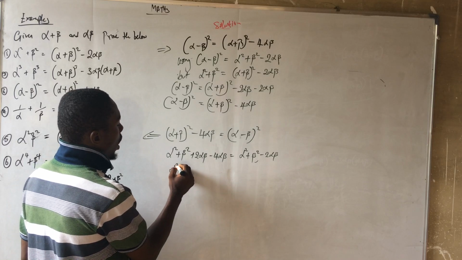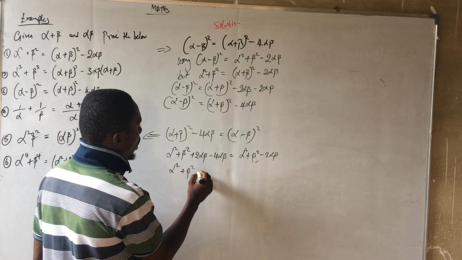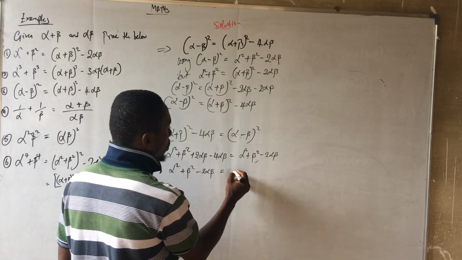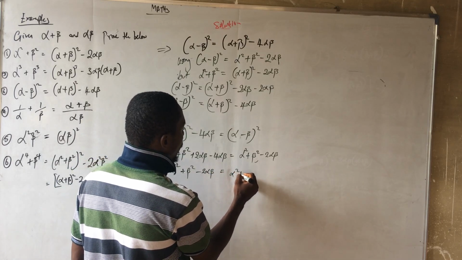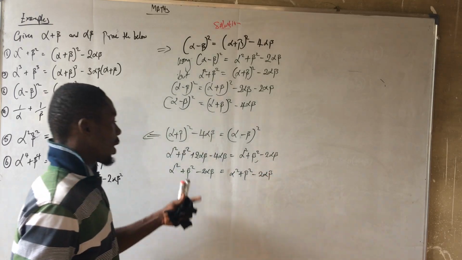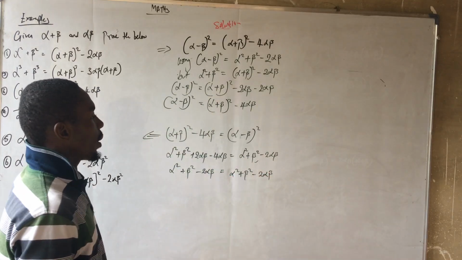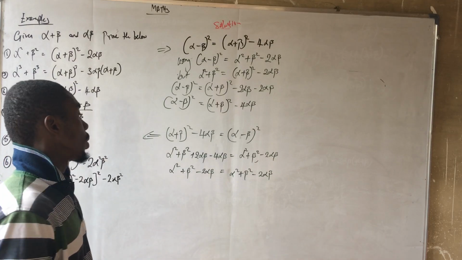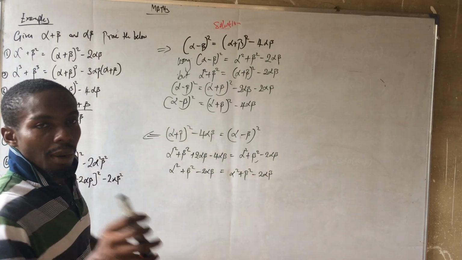So we'll have that alpha squared plus beta squared minus 2 alpha beta is equal to alpha squared plus beta squared minus 2 alpha beta, meaning that this is equal to this, and that is the end of our proof.